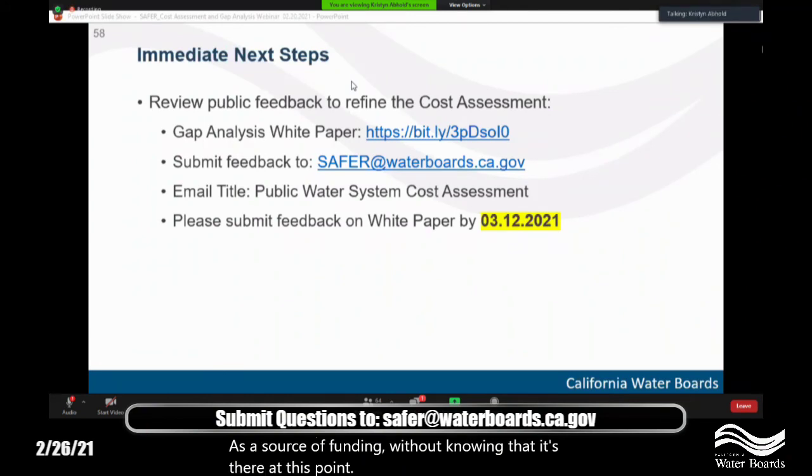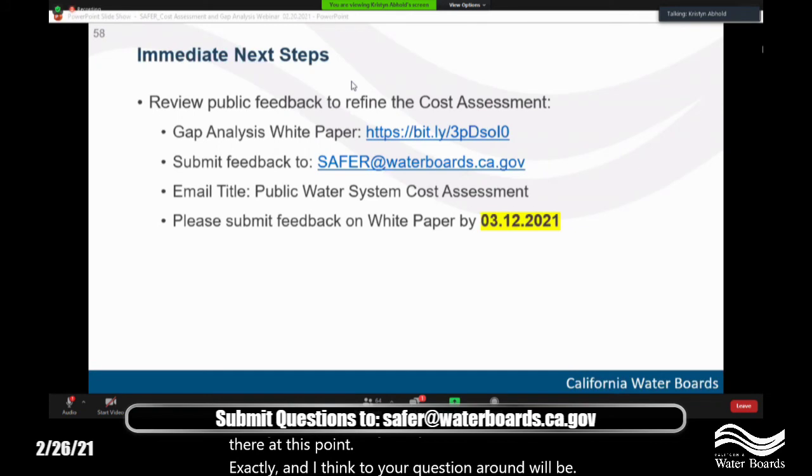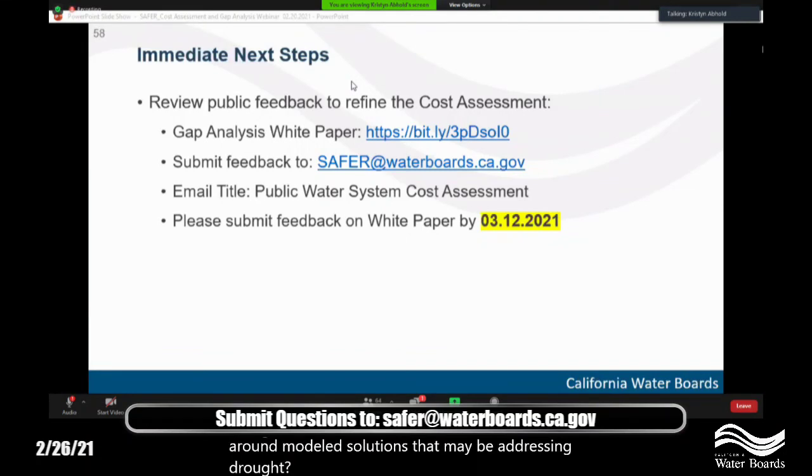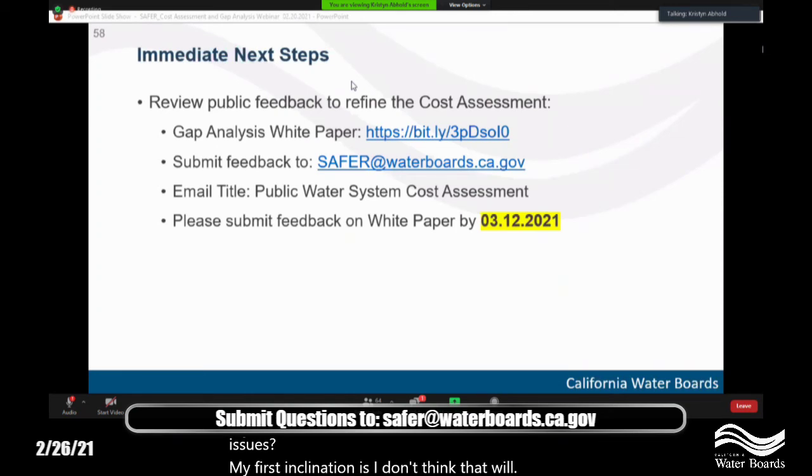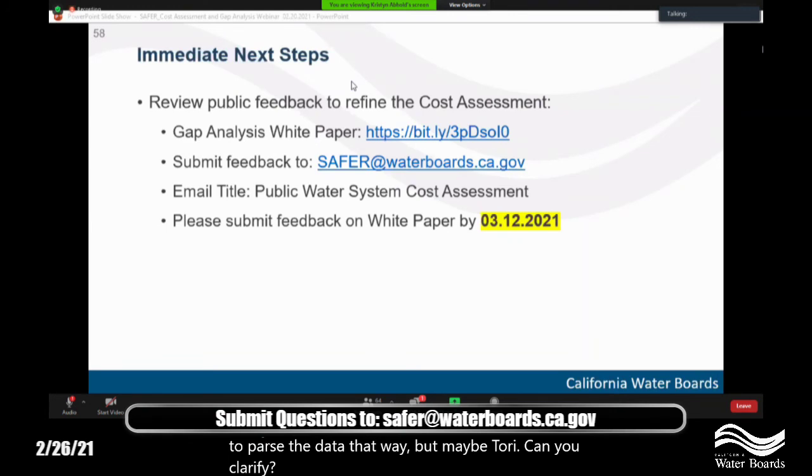Exactly. And I think, to your question around, will we be able to parse out potentially the costs around modeled solutions that may be addressing drought issues? My first inclination is I don't think that we'll be able to parse the data that way, but maybe Tara, can you clarify? I do think we have identified some other infrastructure needs and improvements that could qualify potentially in that category.